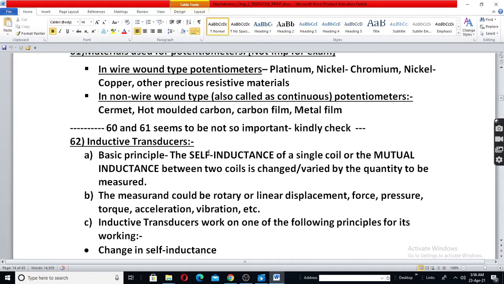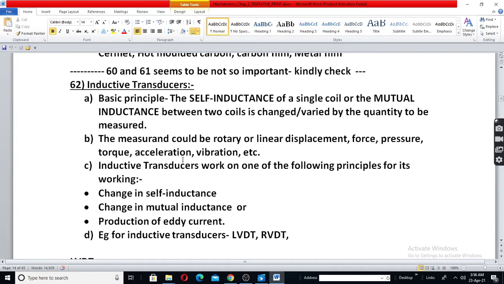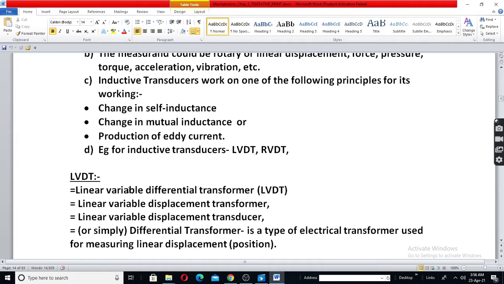147. Inductive transducer. Here, the self-inductance of a coil or the mutual inductance between two coils is changed by the physical phenomena, say force, displacement, pressure, torque, acceleration, vibration, or anything.